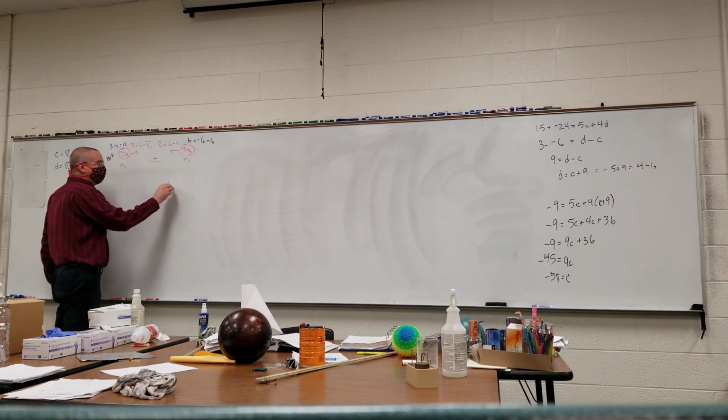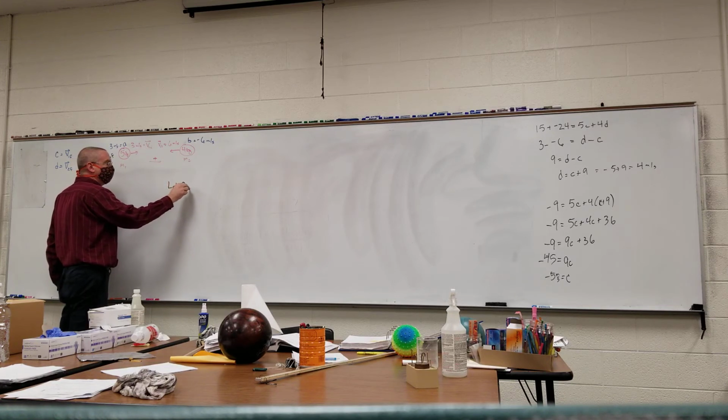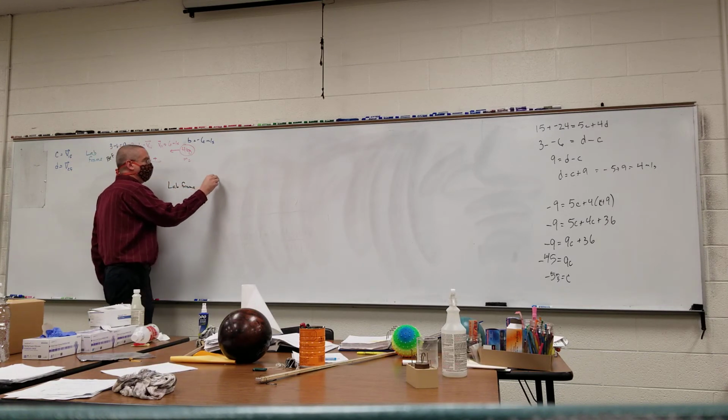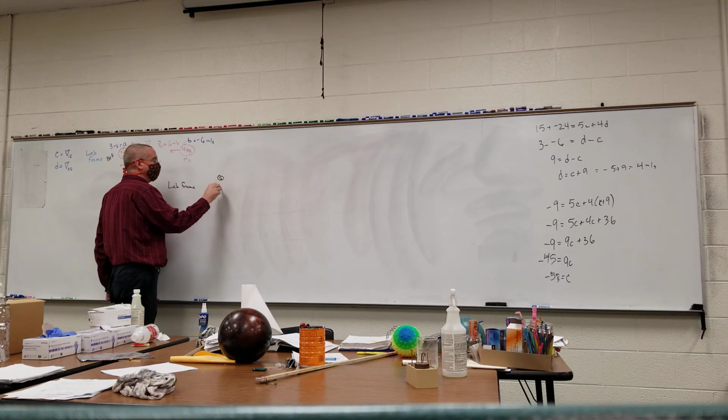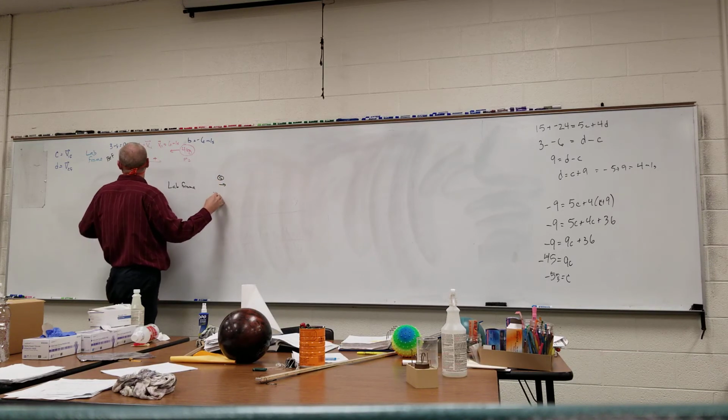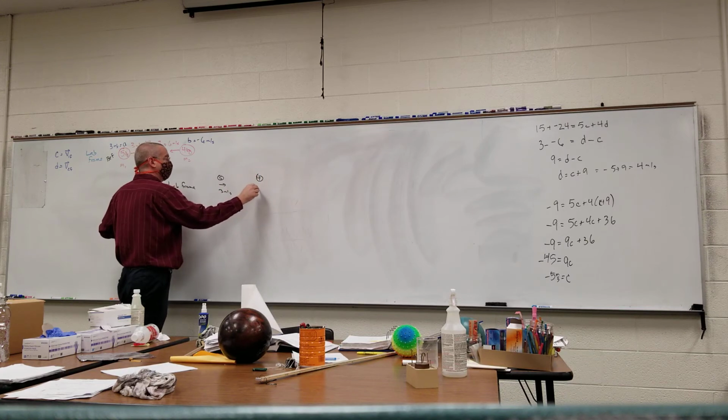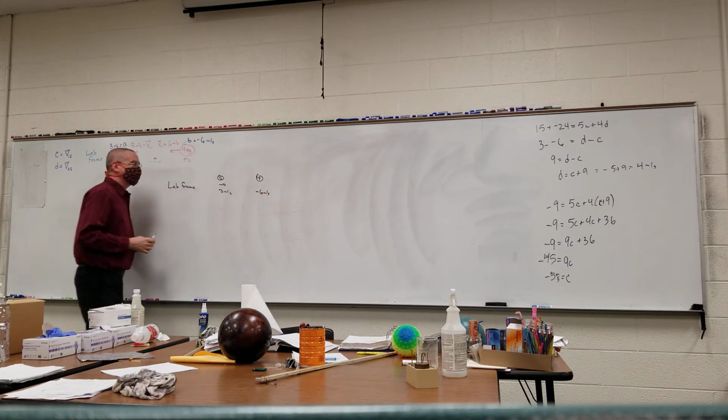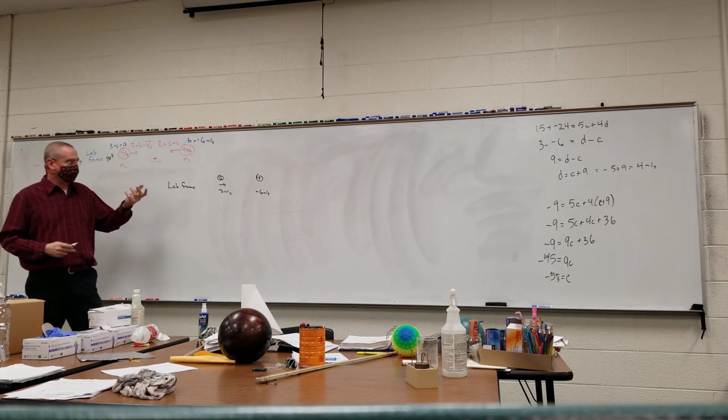So in our lab frame, the 5 kilogram mass is going to the right at 3 meters per second, and the 4 kilogram mass is going at -6 meters per second. Those are the velocities in the lab frame.